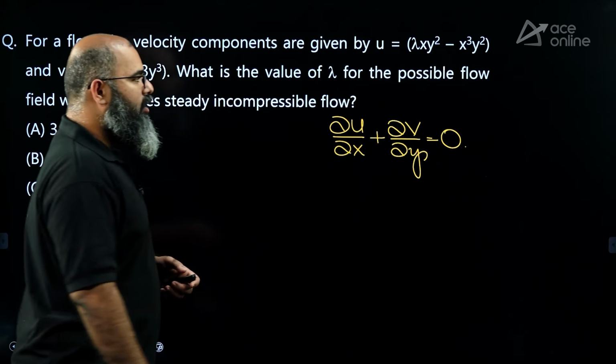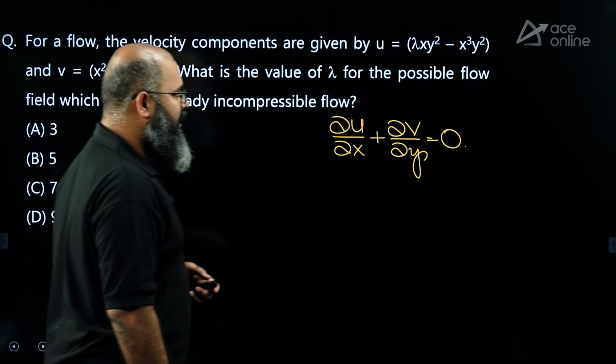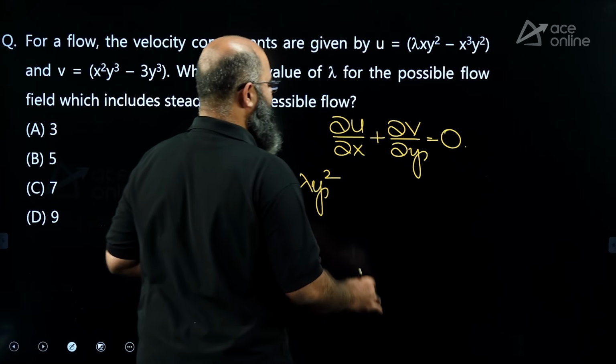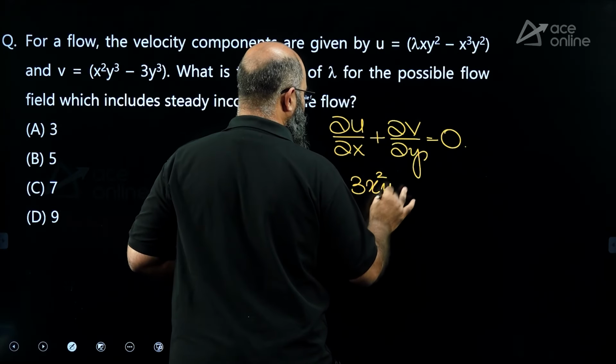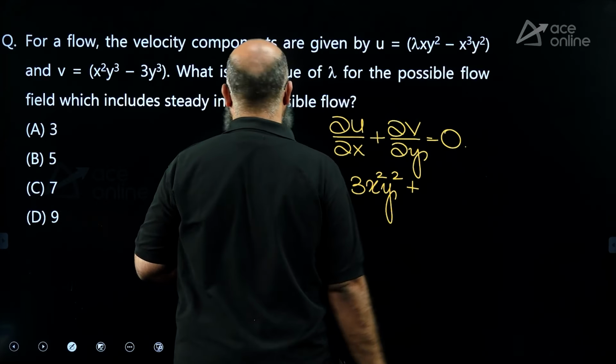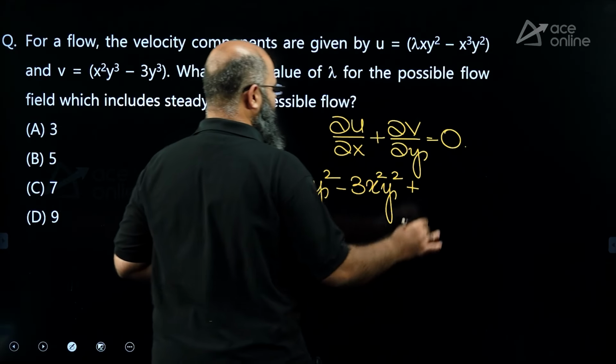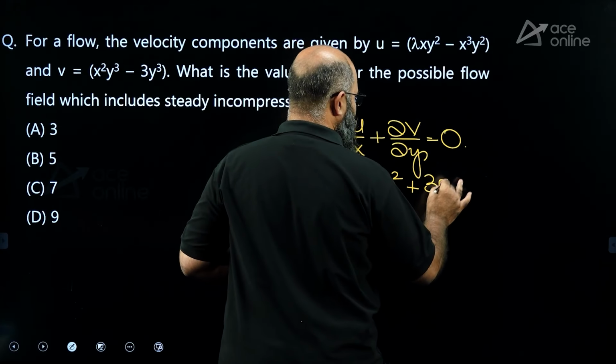0. Now dou u by dou x over here has to be equal to lambda y square minus 3x square y square, plus dou v by dou y is equal to 3x square y square minus 9y square.